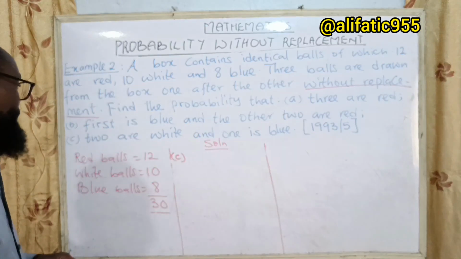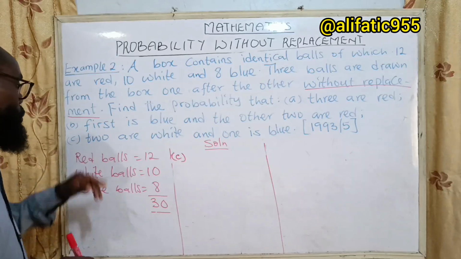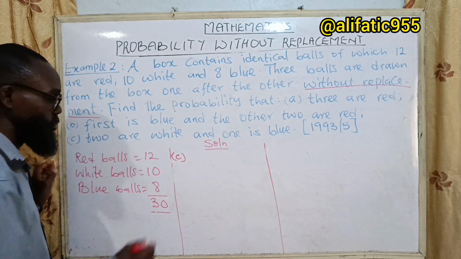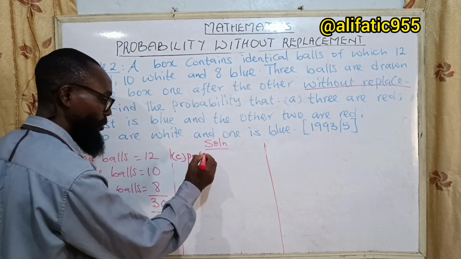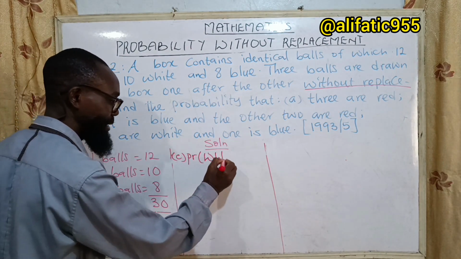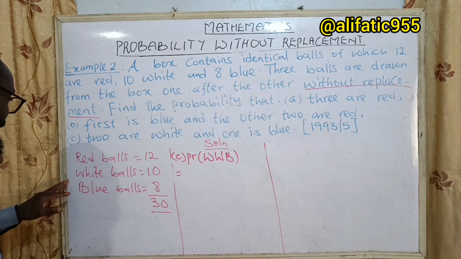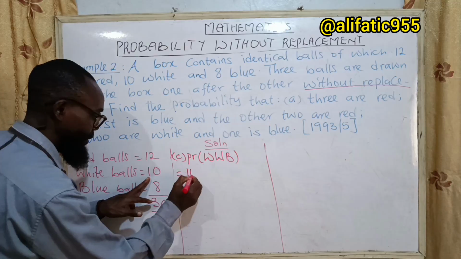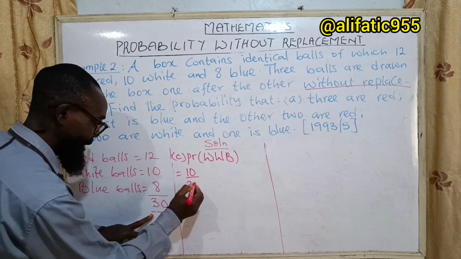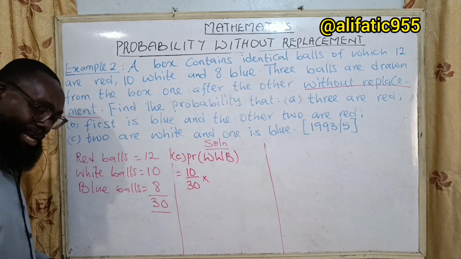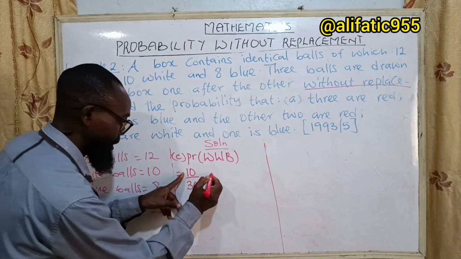Question C. Find the probability that 2 are white and 1 is blue. Probability of white, white and blue. So will now be the first white, number of whites, we have 10. 10 over total number, 30, multiplied by second white. It means number will be reduced.